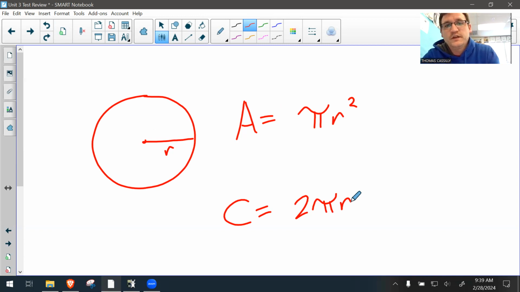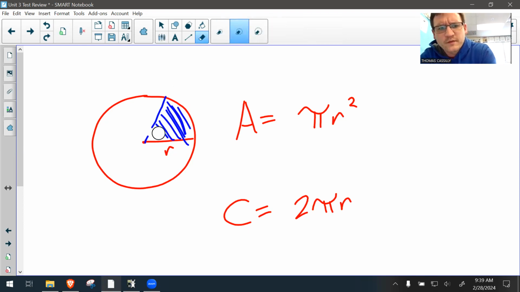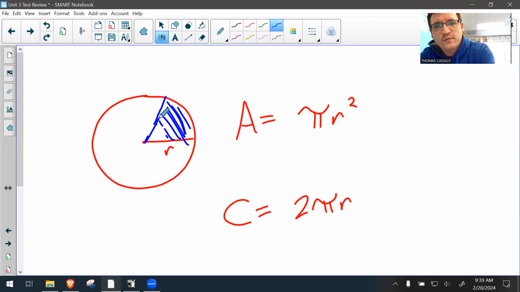What we're doing differently on this one is we're not looking at the full circle. We're looking at just a piece of it, like a piece of a pie. How much of that pie is there? We have to think about what angle this makes. I'll call that angle theta, because how big it is depends on how big the area is.